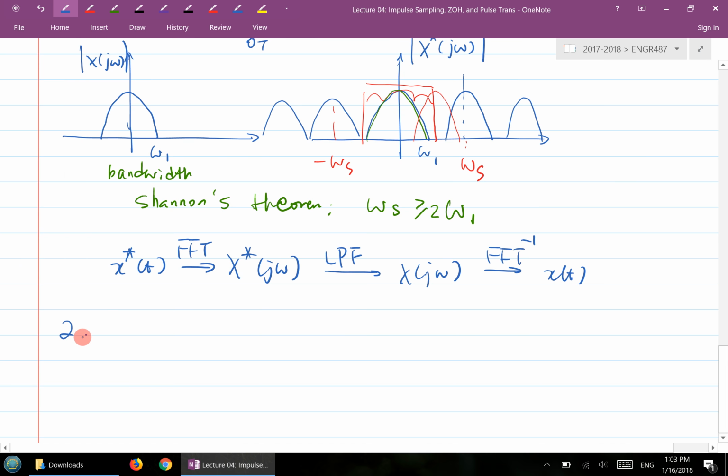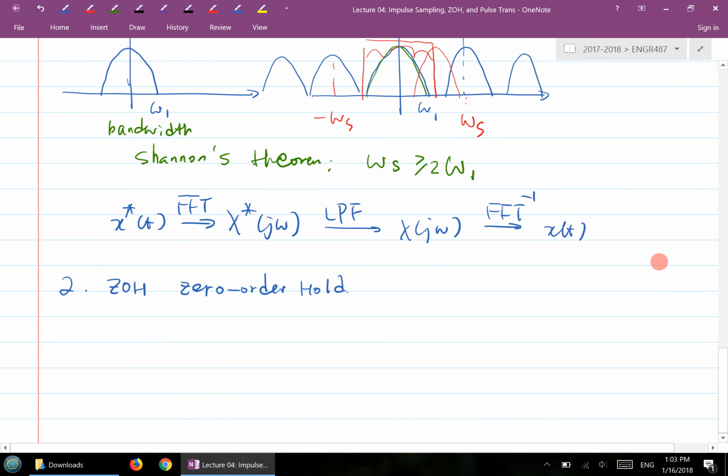Okay, impulse sampling here. Let's look at the second concept, zero order hold. Okay. Zero order hold here is a concept I think I covered in the first lecture when I explained the structure of a typical digital control system.